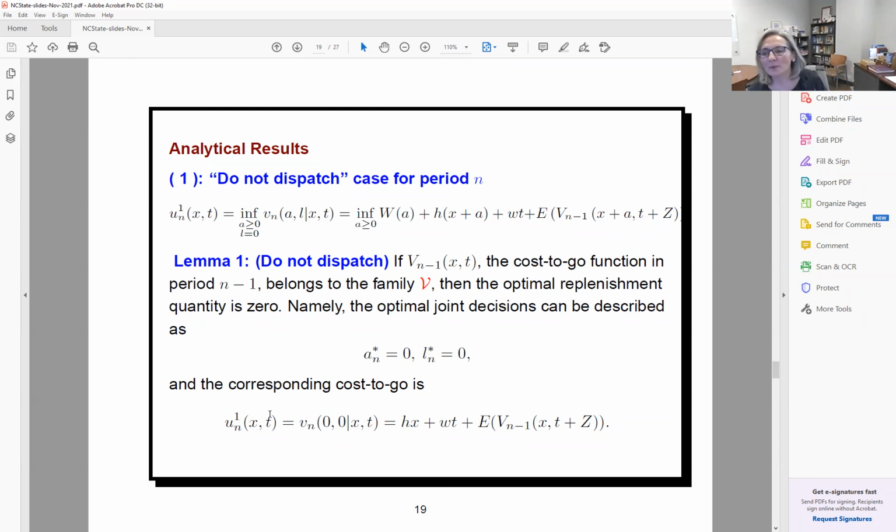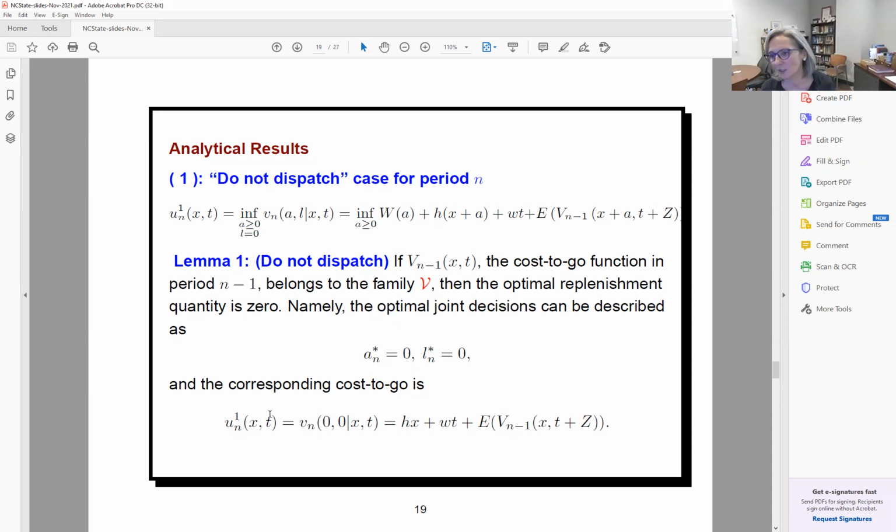Using the properties associated with the class of functions script V, we can further analyze the problem at hand. We first analyze the do not dispatch case, and Lemma 1 reveals the optimal order quantity if we choose not to dispatch. It says that if you're not going to dispatch, you should not be placing an order.